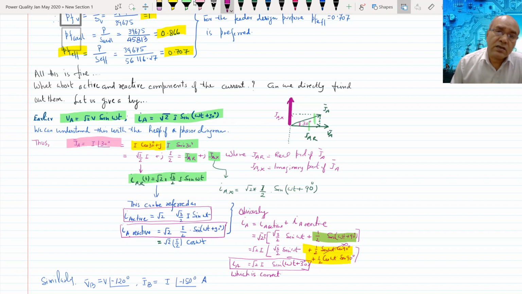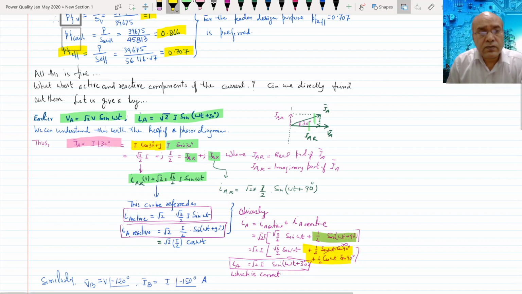And hence the expression for the reactive component of current will be root 2 times I by 2 sine omega t plus 30 degree. This is the reactive component of current. And this is the active component of current.